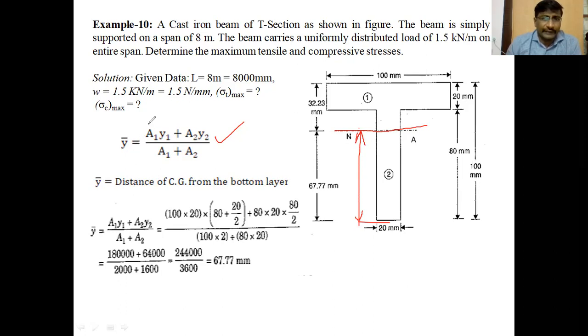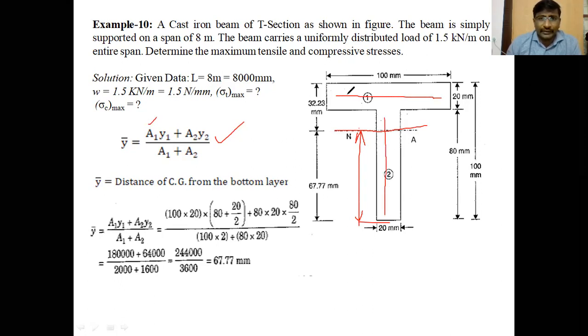In this, the flange is taken as a1 and the web is taken as a2. a1 is the area of the first area, the flange, and a2 is the second area, the web. y1 and y2 are the distances of the center of gravity of the first area and of the second area from the bottom layer.